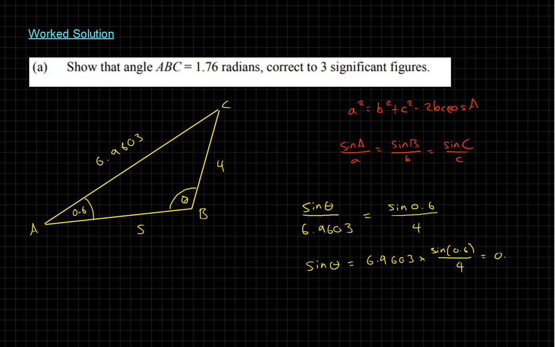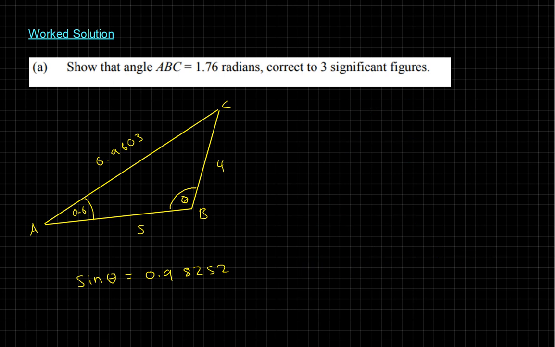In fact, I'm going to write it here. Sine of theta equals 0.9825. Okay, so let's get rid of all this working now. This is what we've got, sine of theta equals this, and now we're going to find theta.